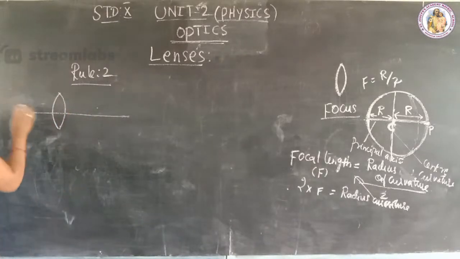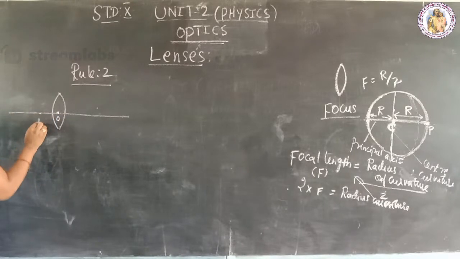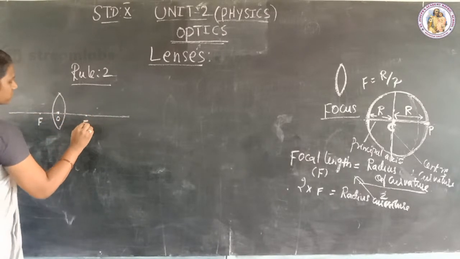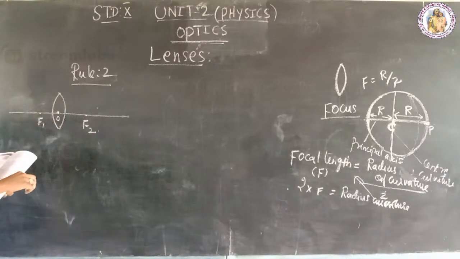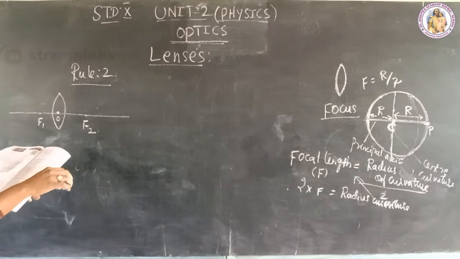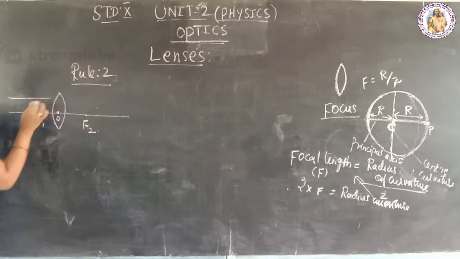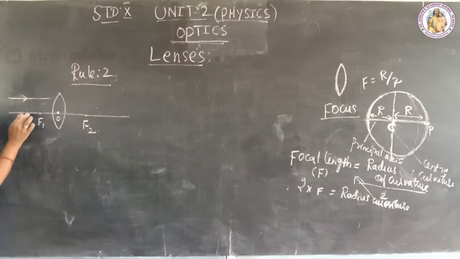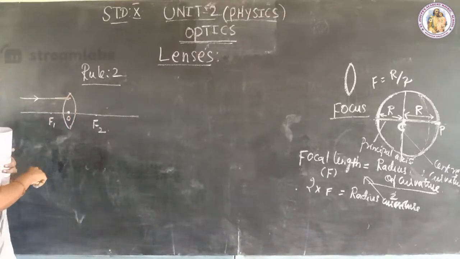Convex lens: the optical center, the focus, F1 and F2. Okay, so in this second type, when a ray is parallel to the principal axis, see, our ray is actually parallel to the principal axis. When it passes through the lens, what happens?